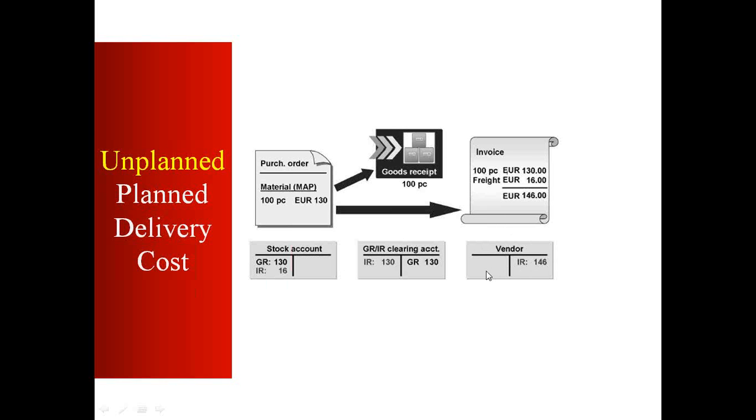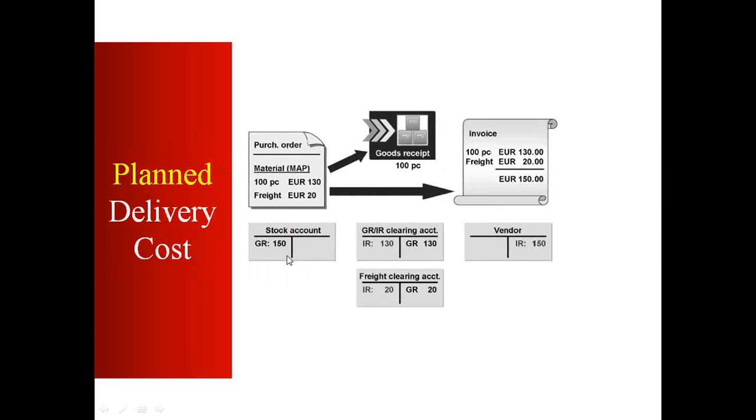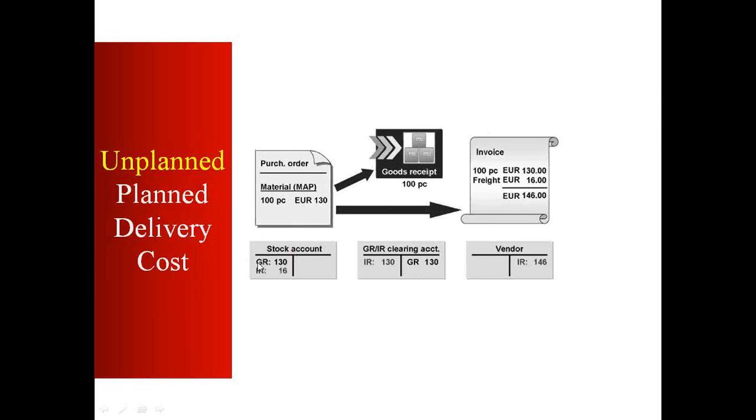So the basic difference is that in the previous version we knew all the prices in the beginning and the same price was posted. In the second case, we knew only that 130 euro was the price, but later on we received 16 euro extra, so it will be added, 130 plus 16. That's the only difference.